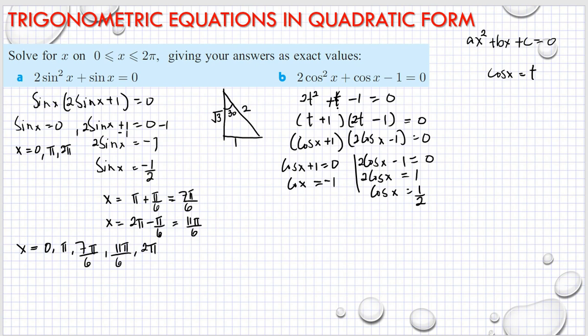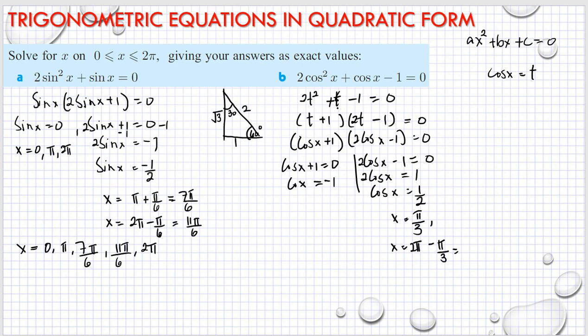Okay, let's start with cosine x is equal to 1/2. That means 60 degrees, so we have x is equal to pi over 3. And then in the fourth quadrant, we have x is equal to 2 pi minus pi over 3.